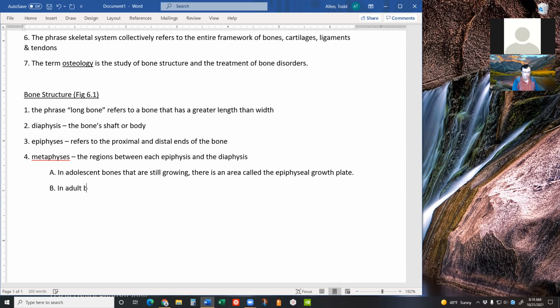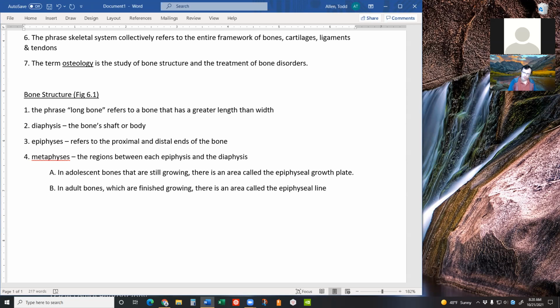In adult bones, which are finished growing, there is an area called the epiphyseal line. So in adolescent bones that are still growing, like somebody that's 13 years old, there's going to be an area called the epiphyseal growth plate.